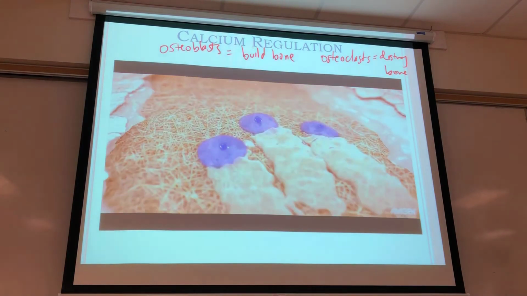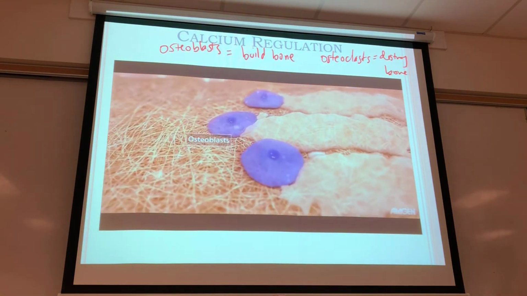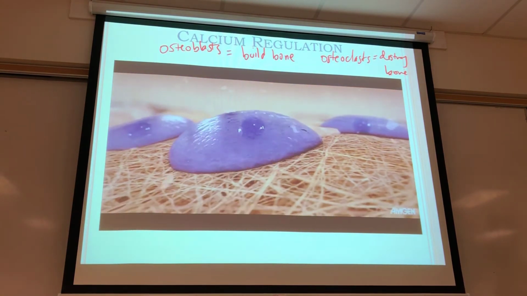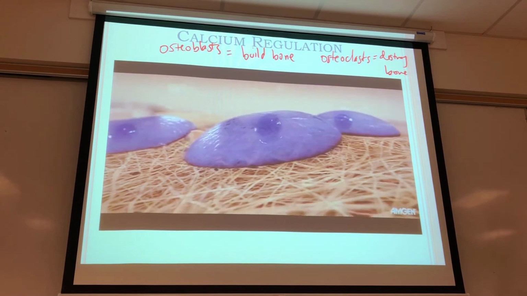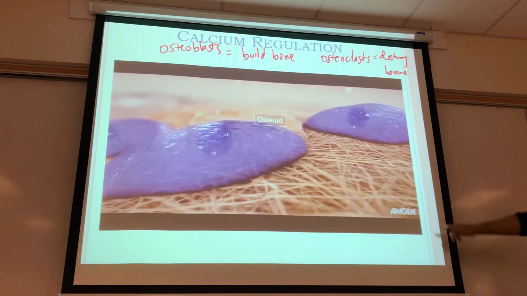The cells responsible for building new bone tissue are known as osteoblasts. Osteoblasts are thought to be derived from cells found to be associated with blood vessels. Once active, they start to produce the organic component of bone, osteoid, which is predominantly made of collagen.